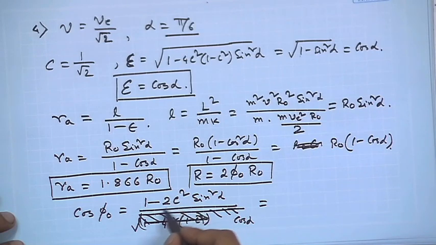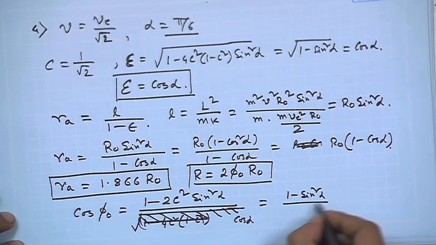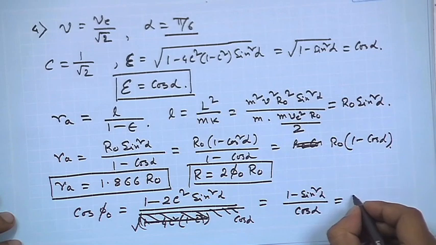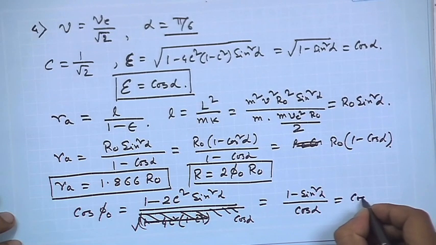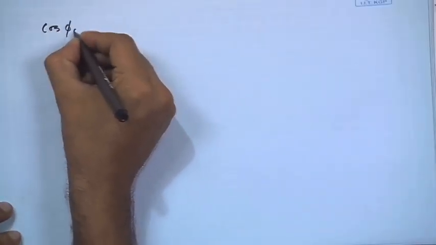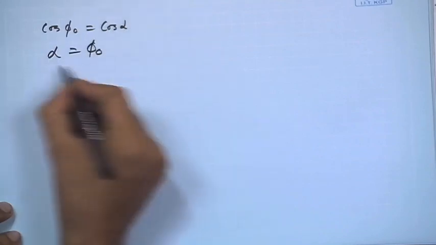Again c is equal to 1 over root 2, so c square is half. So it will be 1 minus sin square alpha over cos alpha. Now, 1 minus sin square alpha is cos square alpha, so this is essentially cos alpha. So we see that cos phi 0 is equal to cos alpha, so alpha is equal to phi 0.